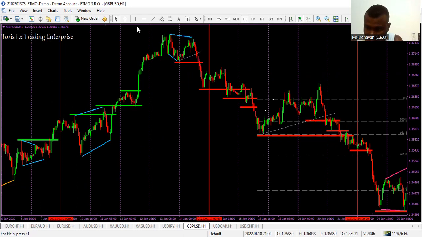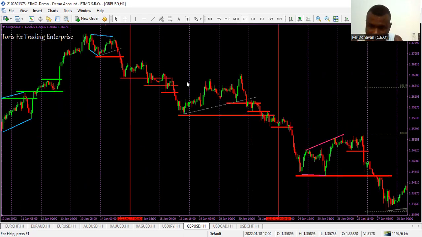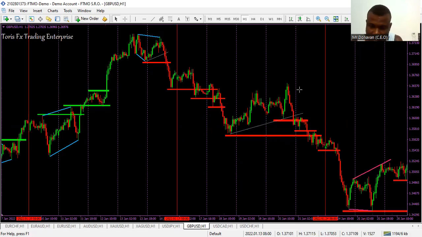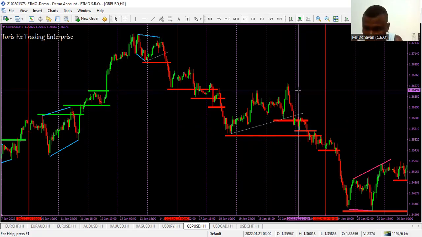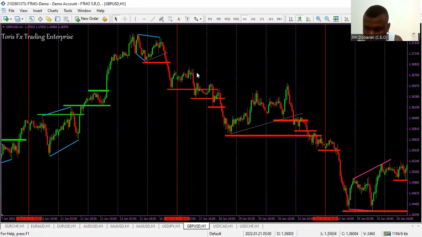So will we be in this trade? Yes, very likely. But I wouldn't be in this trade, because of how price is trending down and how the trend line is. That's why I will not be in that trade. This is a good trade to be in.